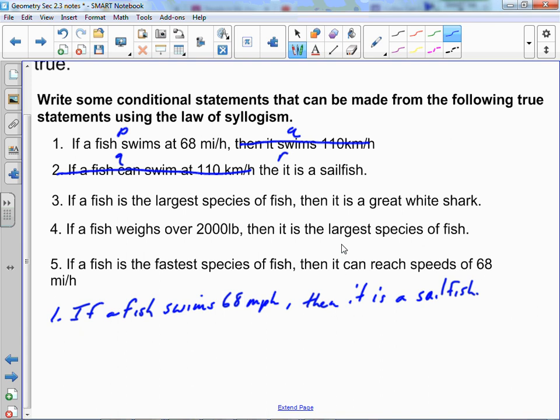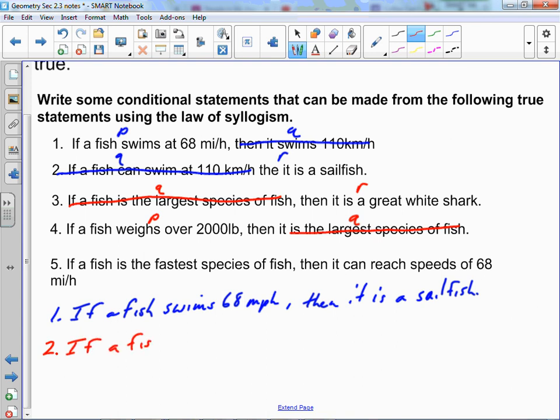So we're going to look at this as if P then Q, and that's Q then R. So we cut out the part that's the same: largest species of fish, largest species of fish.